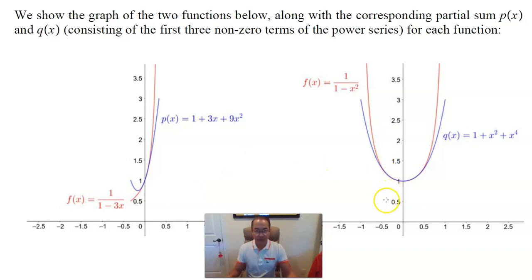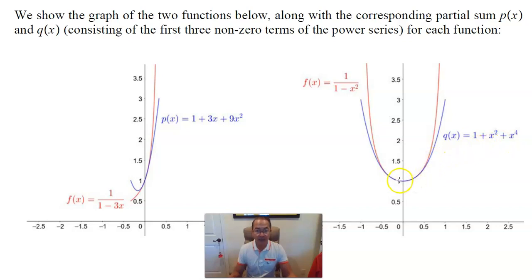The second one is valid between minus 1 and plus 1. So of course we have vertical asymptotes at plus or minus 1 for 1 over 1 minus x squared. Before it was just x equal to 1, but now minus 1 is also going to make the denominator 0. The partial sum of the first three non-zero terms will go up to x to the power 4.